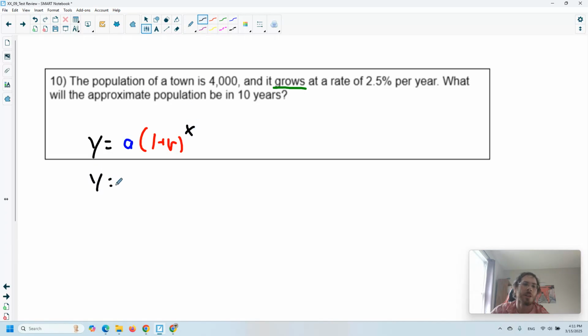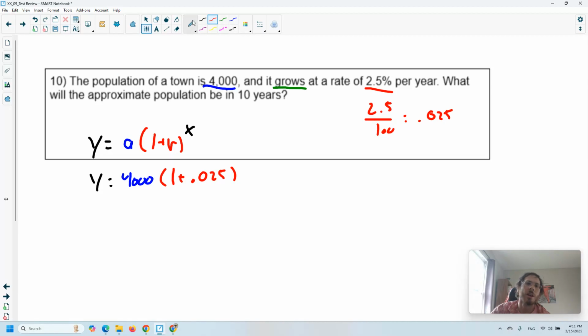So if we plug everything in, we get y equals a is the start at 4,000. R is 2.5%, so that's 0.025. Because remember, we can divide by 100 to get the decimal, 0.025, and we get to the x power. In this case, they tell us that we want to do it for 10 years. So we're going to plug 10 in for x.